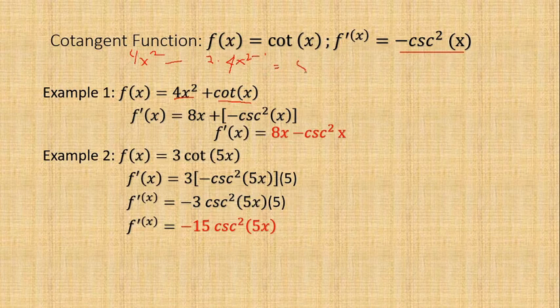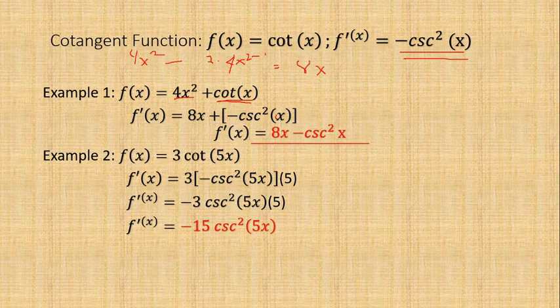Okay? So, that's 8x. So, 8x plus the derivation of cotangent, and that's negative cosecant squared x. After that, simplify: 8x minus cosecant squared x. Okay, so yun na po yung sagot.